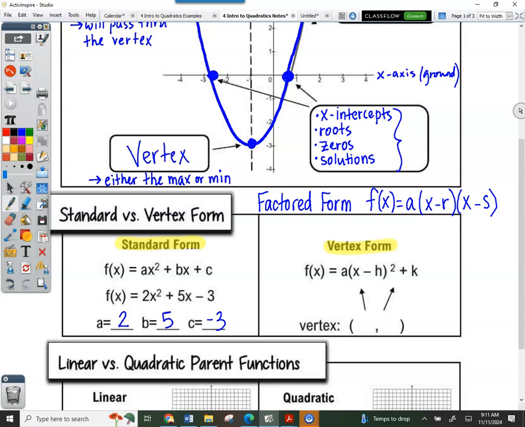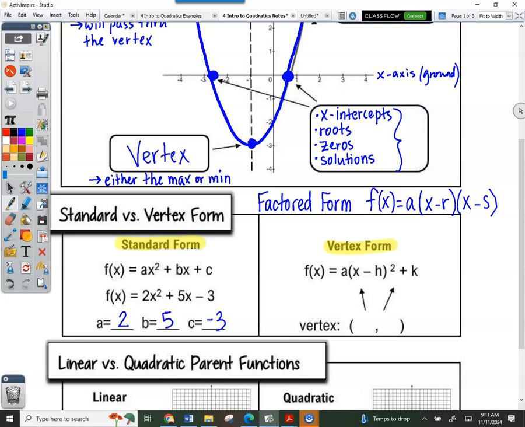Vertex form. The reason vertex form is called vertex form is because you can actually see the vertex. Remember we said the vertex is either the minimum or the maximum. Like this vertex is -1, -3.